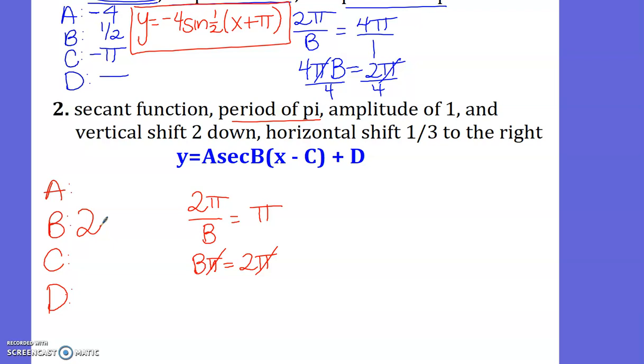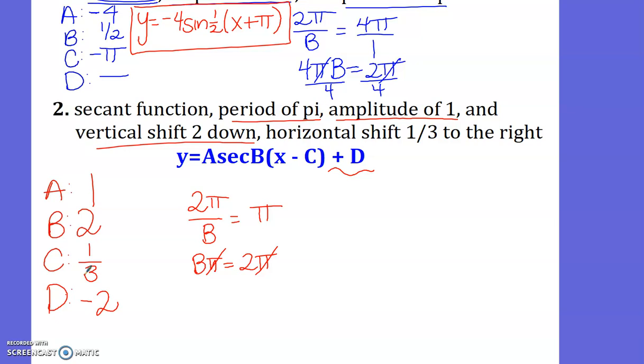Then it says the amplitude is 1, so my A value is 1. It has a vertical shift down 2. The D at the end is all about the vertical shift, so down 2 means minus 2. Horizontal shift of 1/3 to the right, so you would be at positive 1/3.